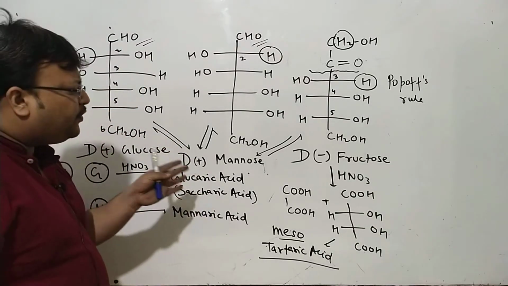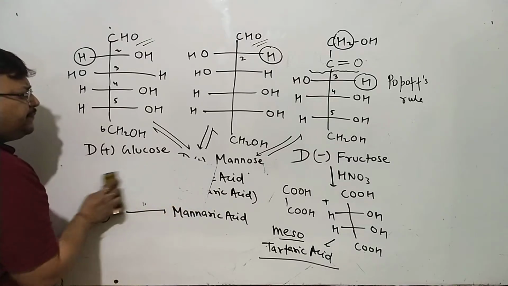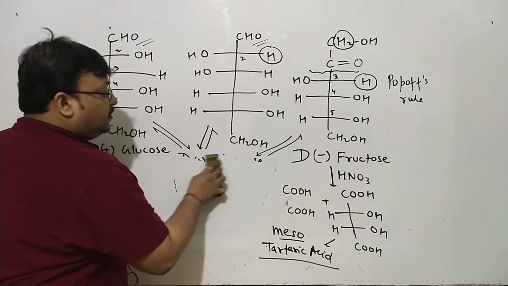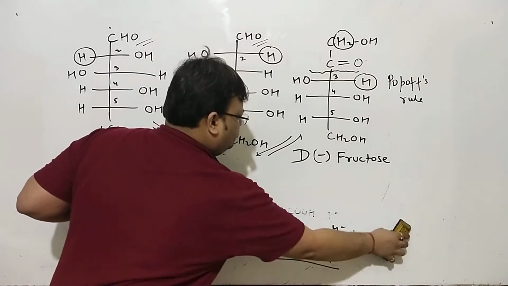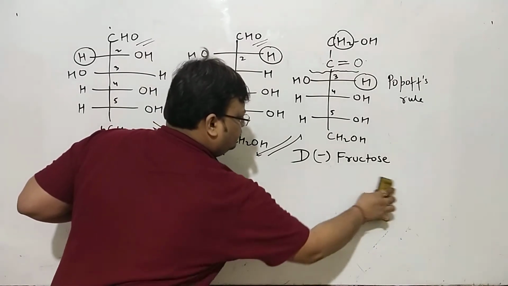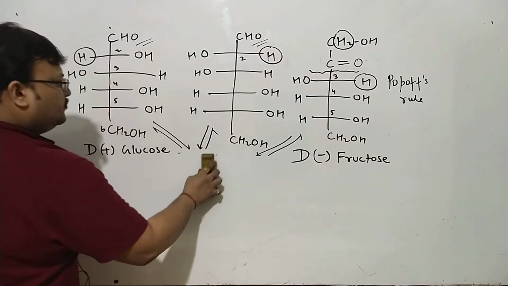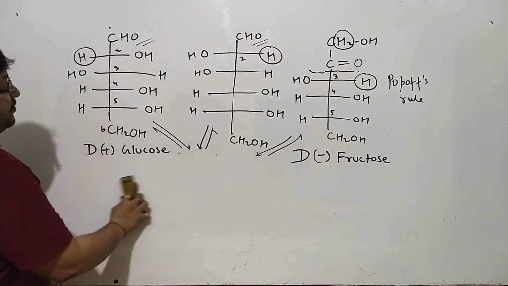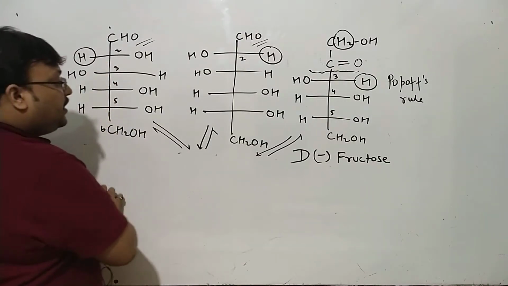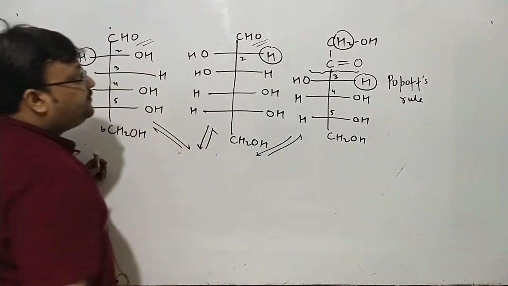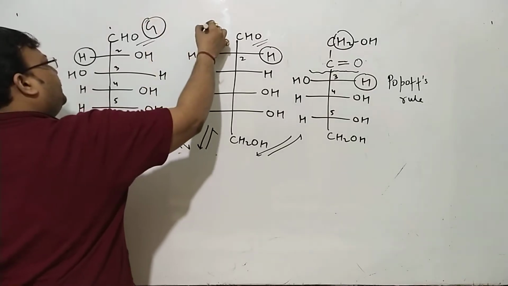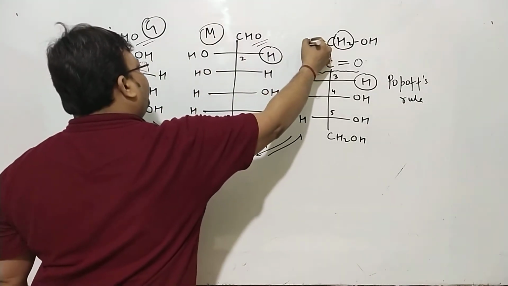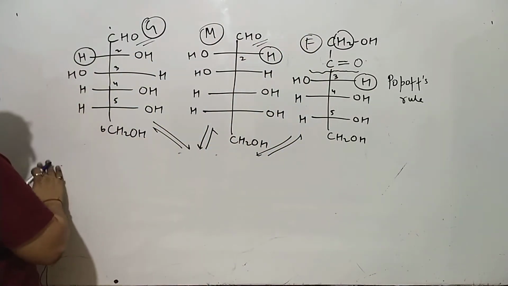So you'll again copy this at your convenience, and we'll take up that particular reaction. Hydrazine gives you hydrazone. This is glucose and this is mannose and this is fructose. So hydrazine gives you hydrazone.